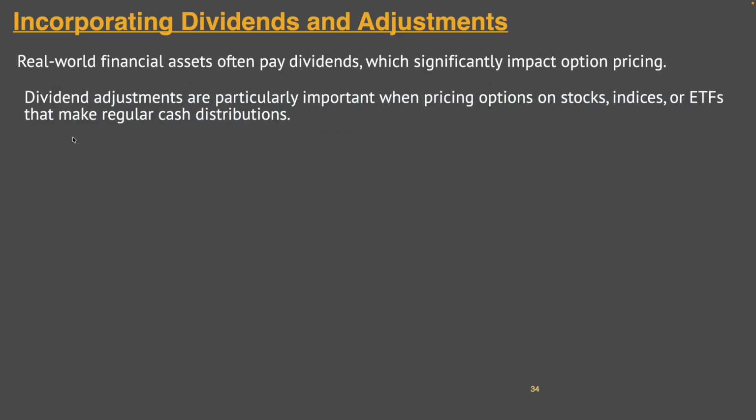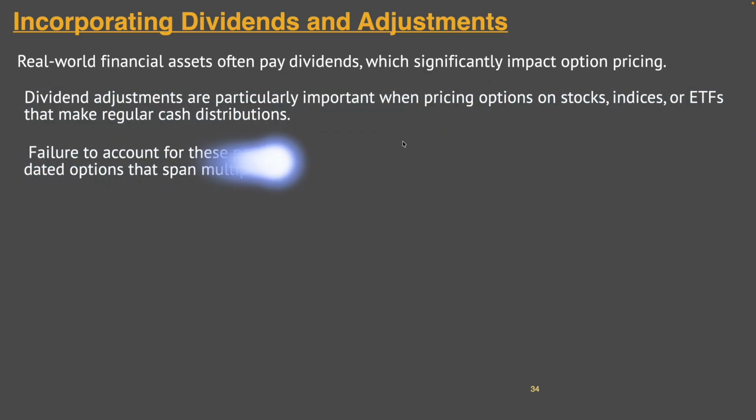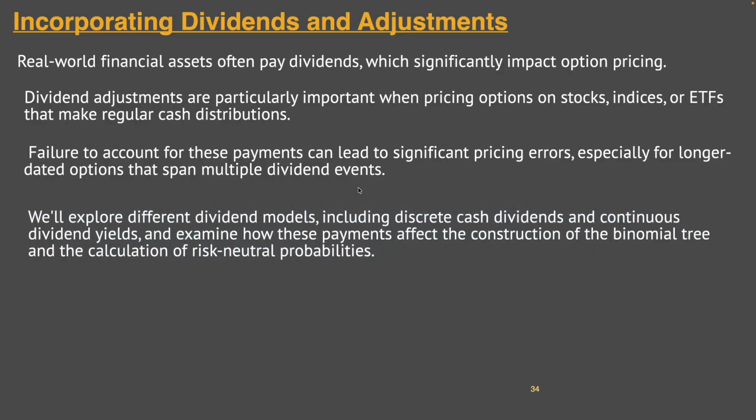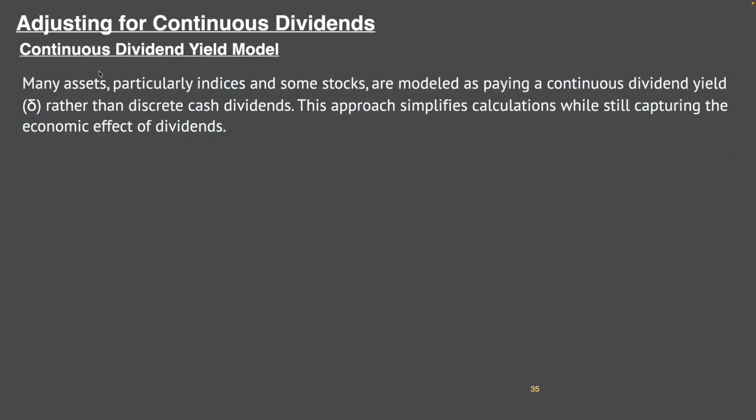So dividend adjustments are very important when pricing options with an underlying, whether it is a stock, indices or exchange traded funds. If we do not account for these dividend payments, there will be significant pricing errors in calculating the option prices.